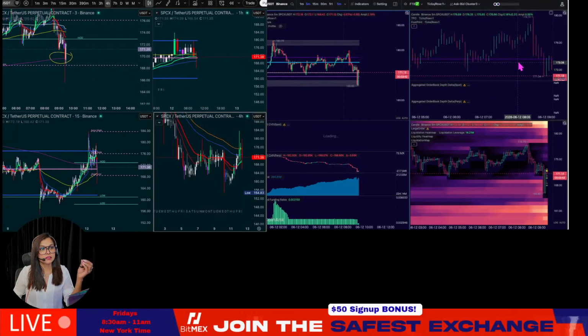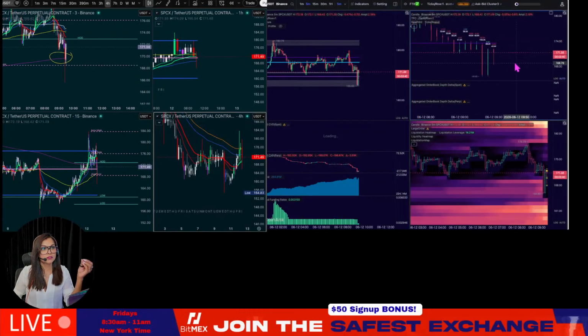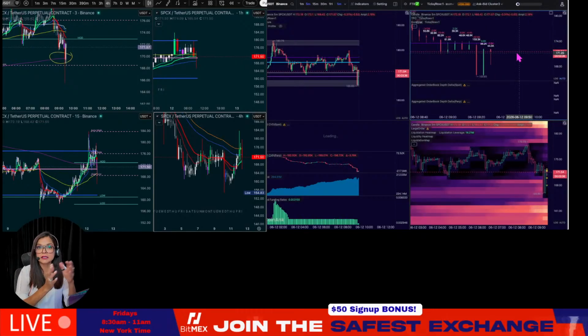Now, let's look at the delta and see what is happening. The delta is the buy minus the sell. When you see positive delta, that means there is more buying. When you see negative delta, that means there is more selling. What we look for with the delta is whether there is effort.